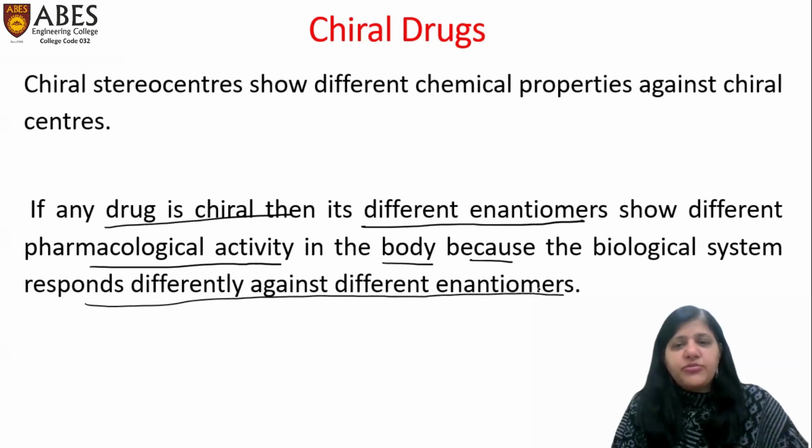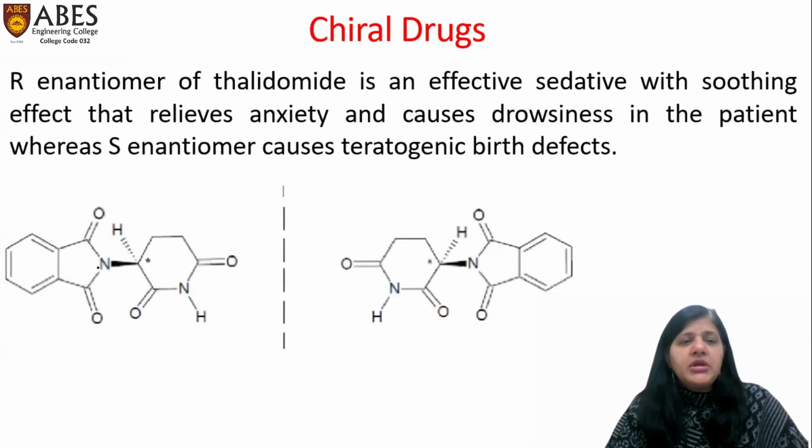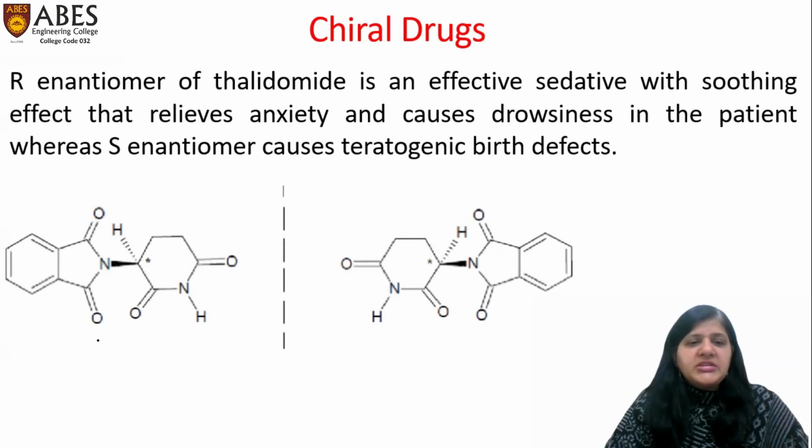Therefore, both enantiomers of a chiral drug do not show the same pharmacological activity in the human body. For example, this is thalidomide.